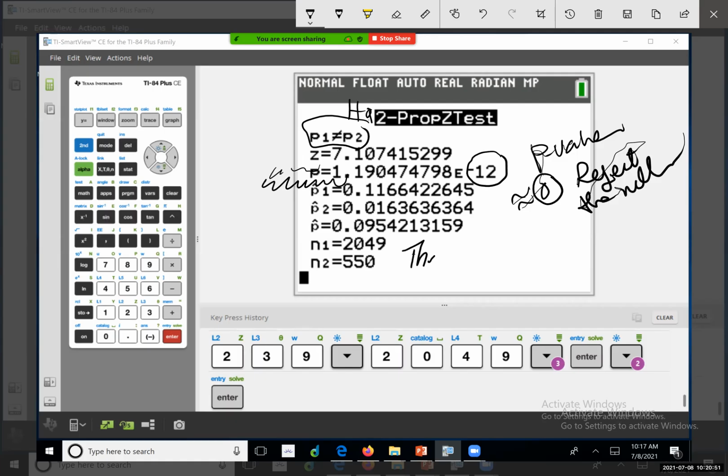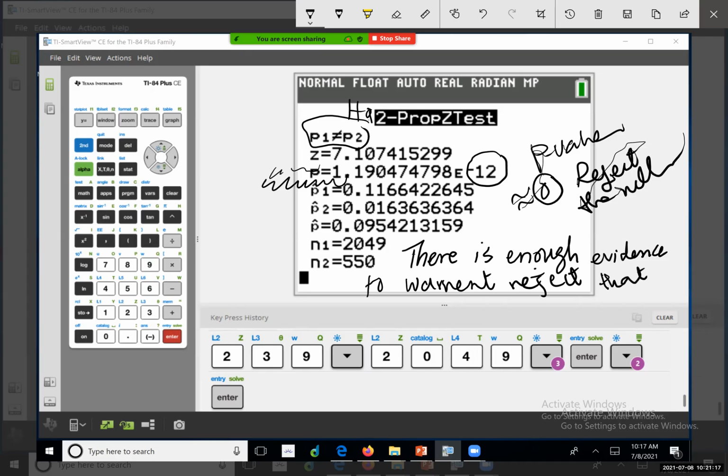You would say there is enough evidence to support or to warrant rejection that the two population proportions are the same. So I'd like you to write what those two population proportions are.